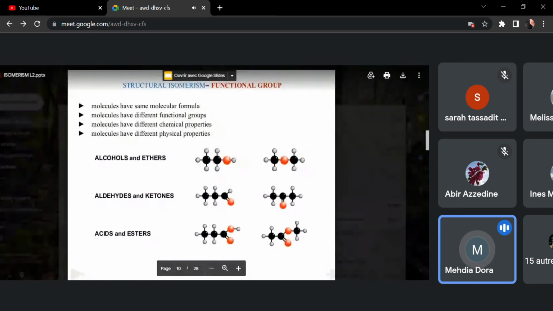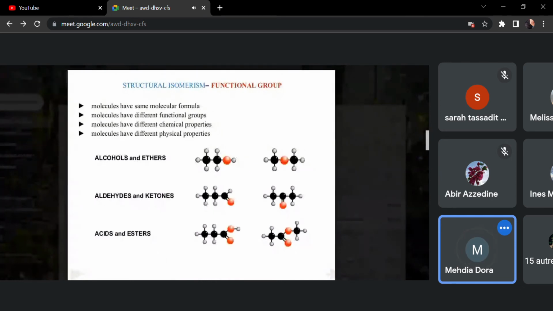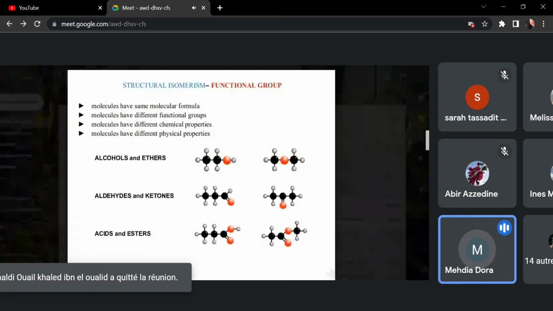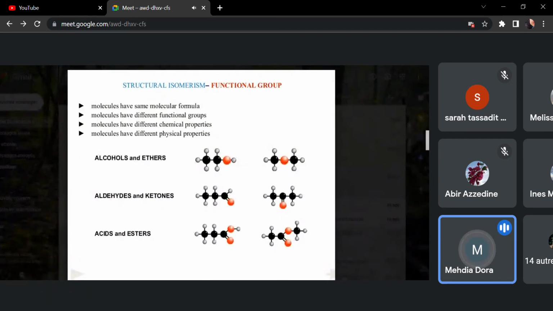Of course, when you talk about alcohols, ethers, aldehydes and ketones, or acids and esters. The atom here in red is the oxygen. When it is in a different position in the same molecular skeleton, it is different in its behavior. I mean, the chemical and physical properties are slightly or totally different, only by changing the position of the main functional group.